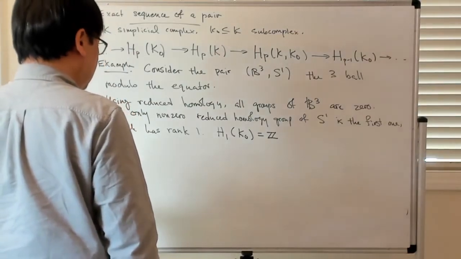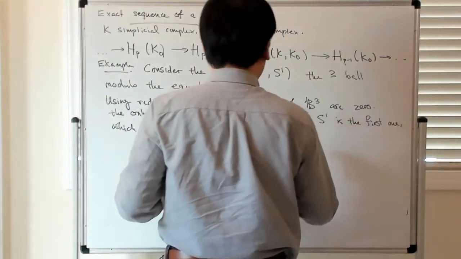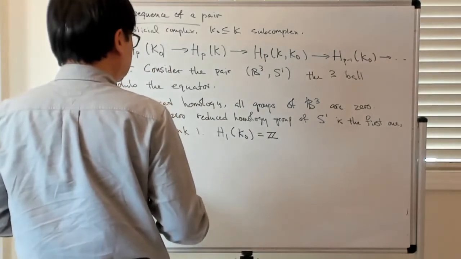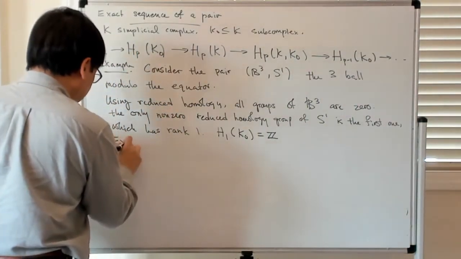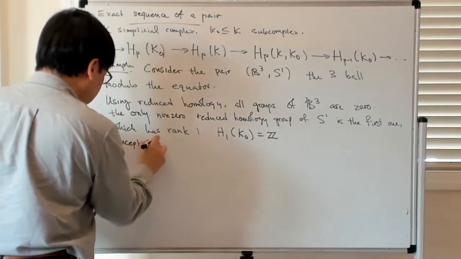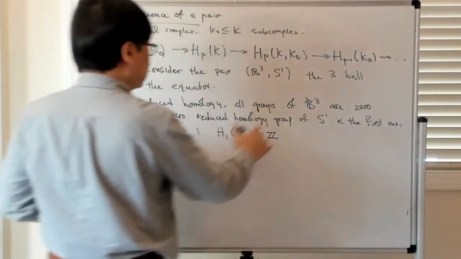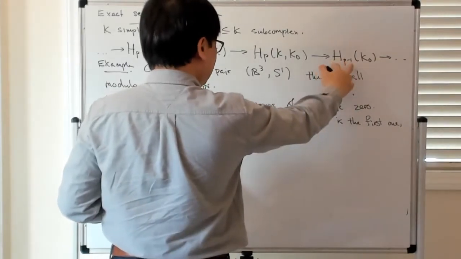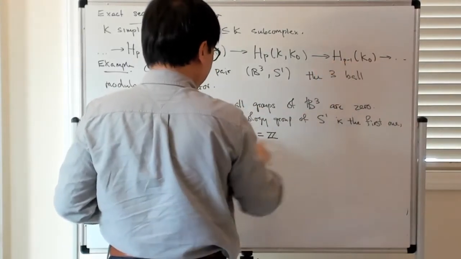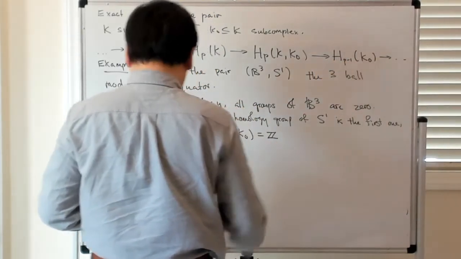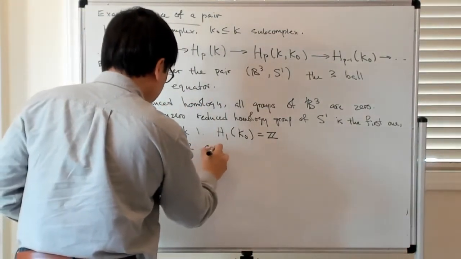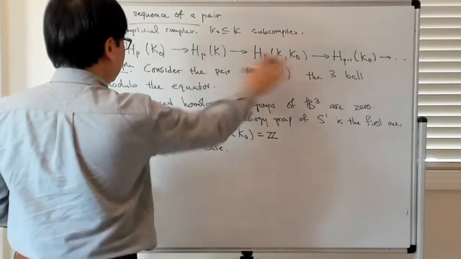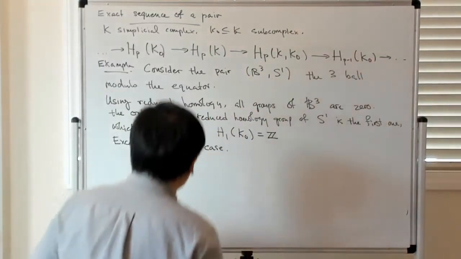And then everything else is zero. So basically, again, except for the one which corresponds to H(p minus 1), so that means p is equal to 2 in this case, right? So except for the p equals 2 case, everything else is 0.